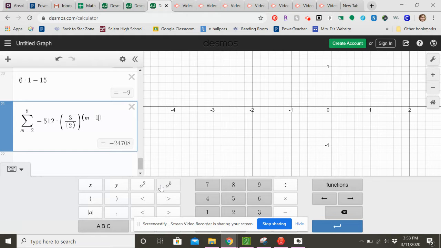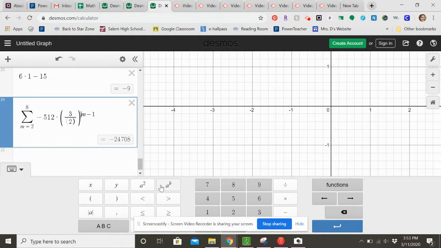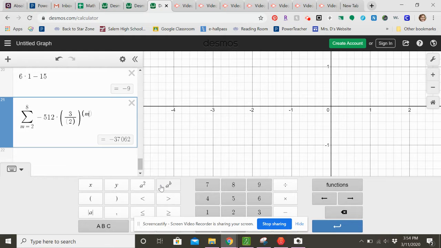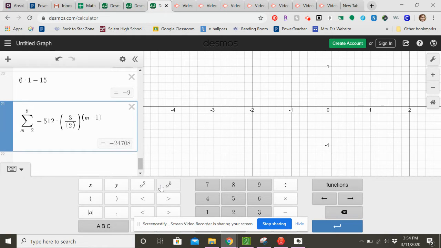Without that set of parentheses, look at what it does. M minus 1, it drops it down. See, it drops it down. So I need it to stay up here, so I have to put the exponent m minus 1 all in parentheses. I get negative 24,708. Again, working on Desmos.